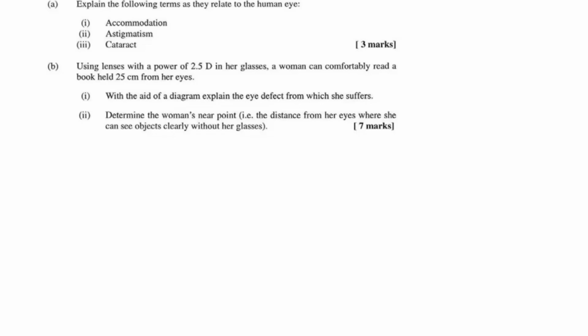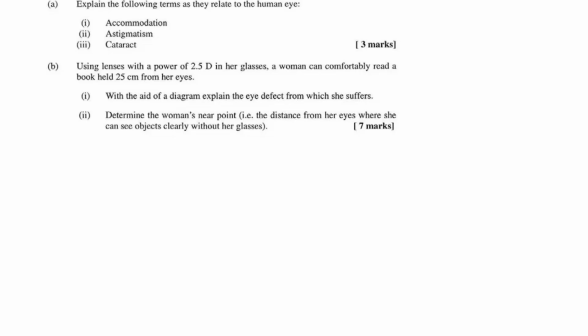So you would draw, obviously, your diagram and everything to figure out the correct thing, with the lens and everything. And you put a bit of explanation behind it. So I think we know how you correct long-sightedness.